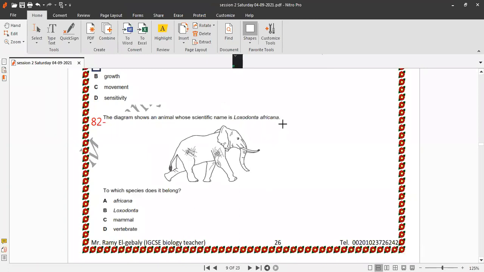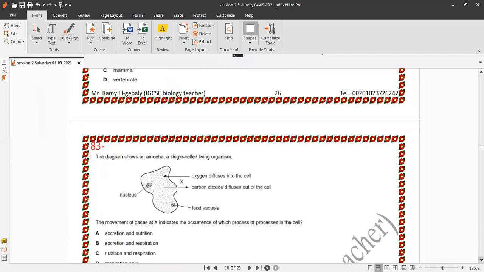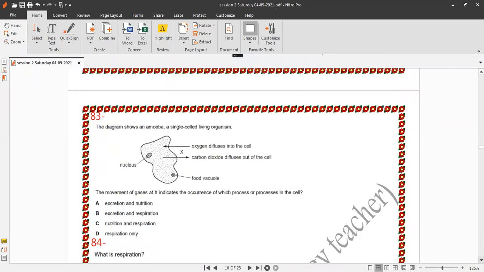Which species here? This one, the species. Okay, 82. Let's see 83. The diagram shows an amoeba, a single-celled living organism. The movement of gases at X indicates the occurrence of which process or processes in the cell?